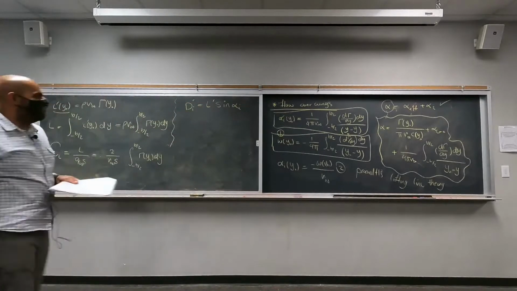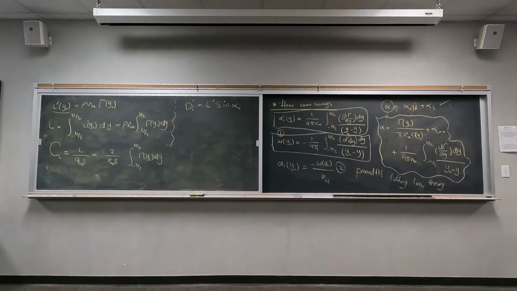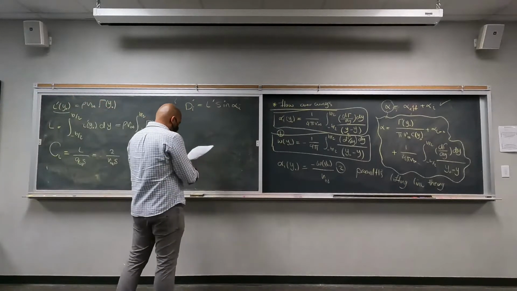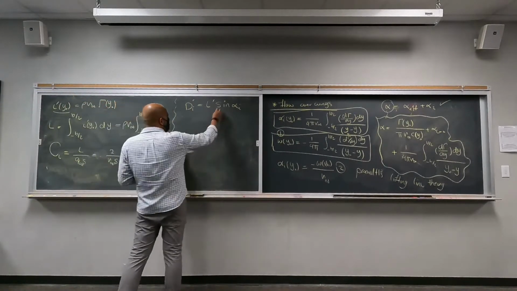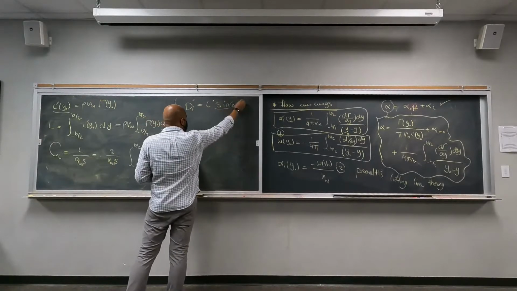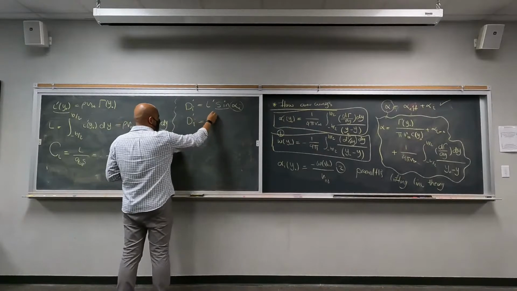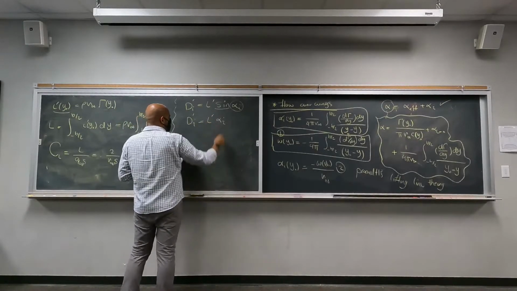This is something we saw in the previous lecture, which means that, since alpha_i is small, we can replace this with L prime times alpha_i, right?